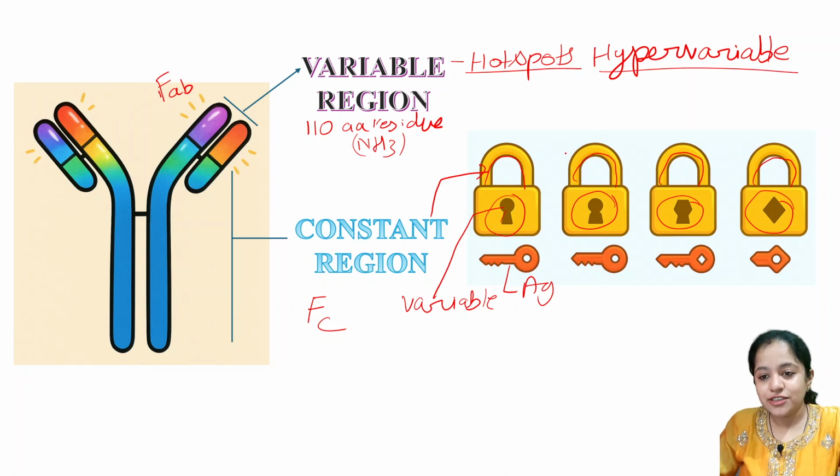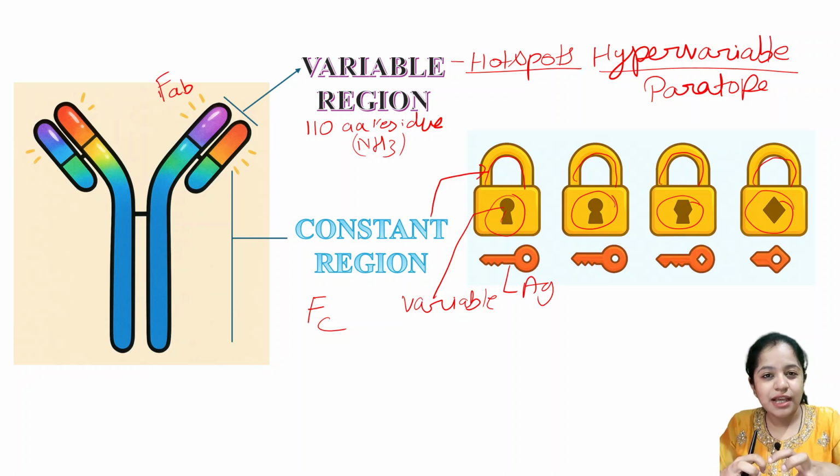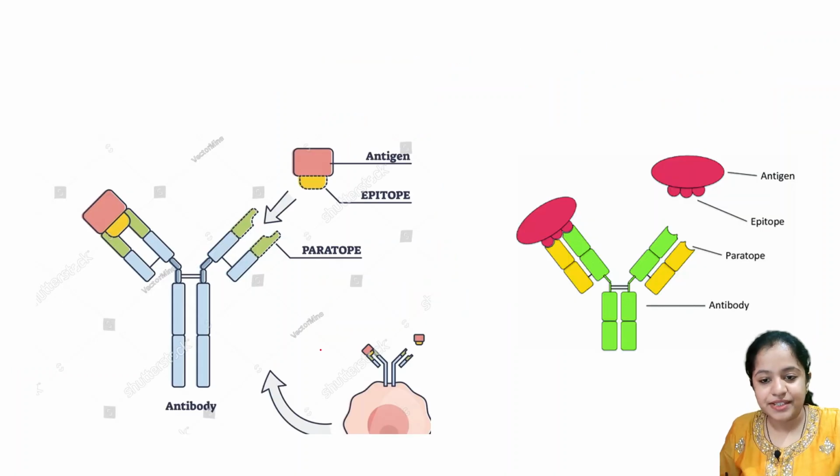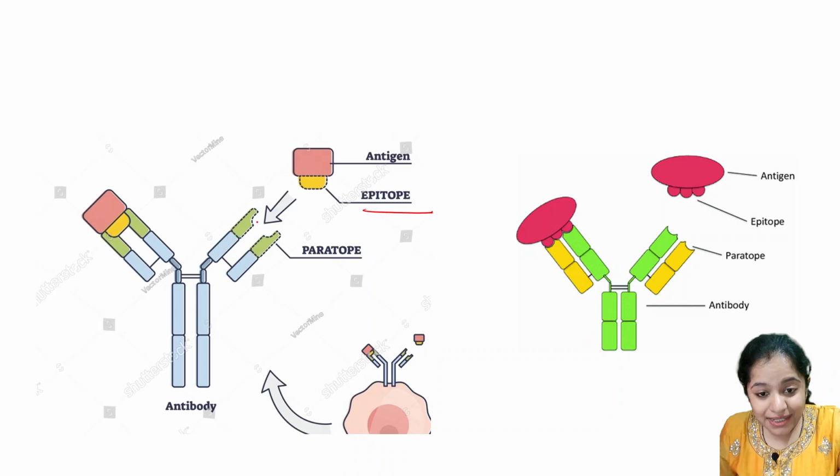This is known as the paratope. The part of the antibody which actually makes contact with the antigen, which catches the antigen, is the paratope. This is the antigen. The part of the antigen which makes contact with the antibody is called the epitope. So the antibody paratope makes contact with the epitope.